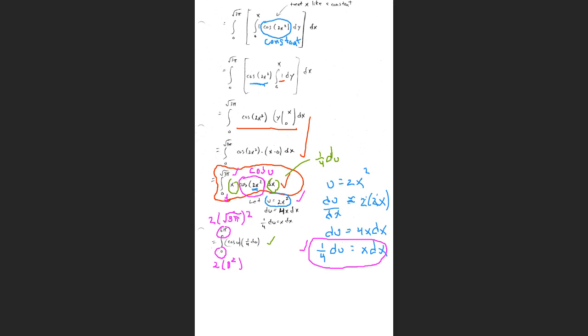So now what we have is a new integral with respect to u here. And that one we can do. Are there any questions before I go to the next page?